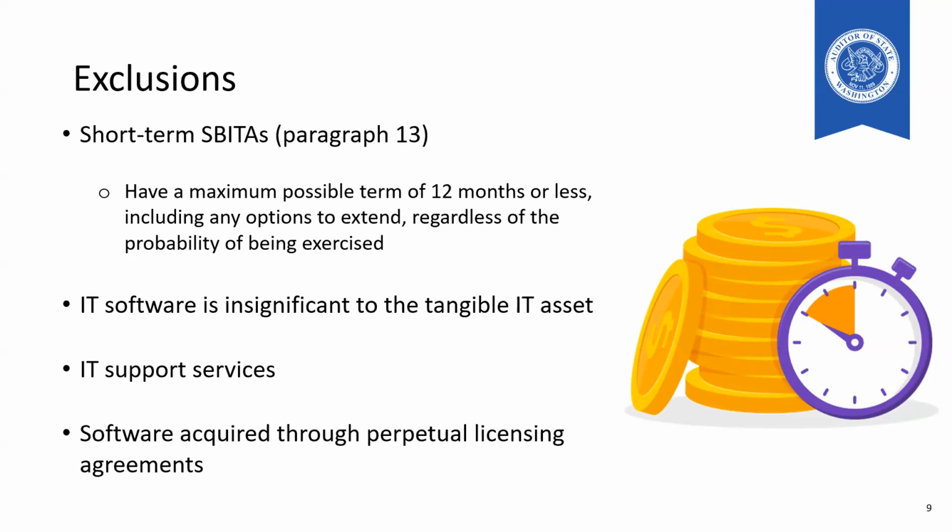But really, in this case, the IT component is very minor. So that means for the smart copier, you would report the entire contract like a lease. You do not have to try and separate out the software portion and report it separately as a SBITA.